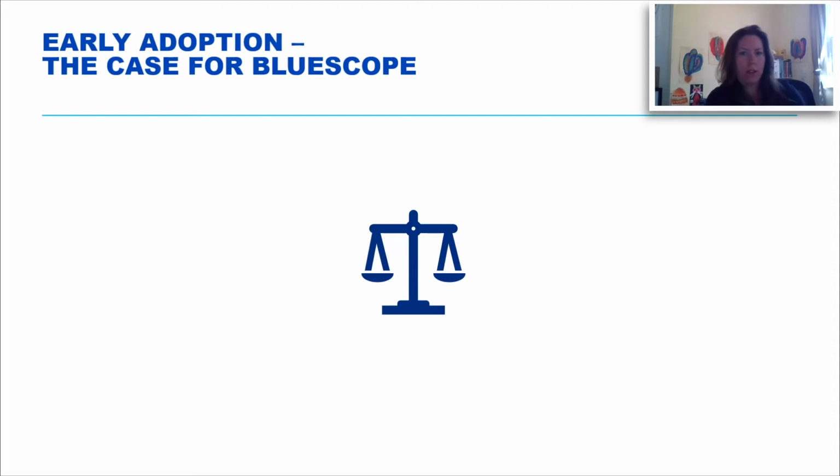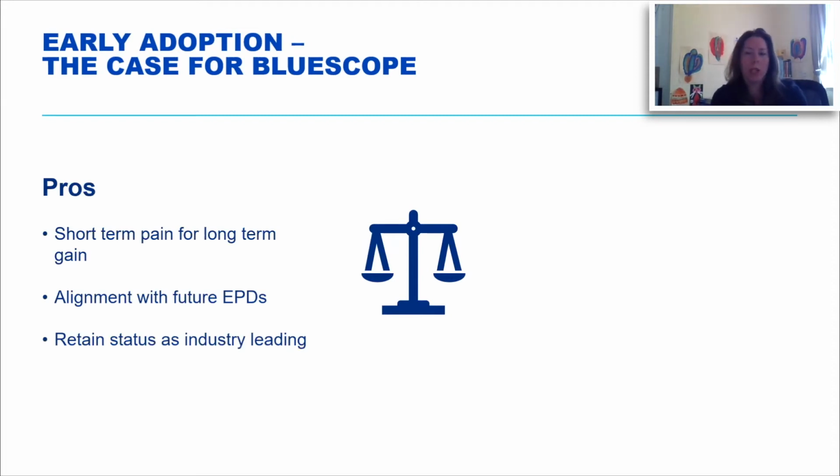Essentially, on the pros side, we knew we were going to have to do it at some point anyway. So it was a matter of, do we do it now or do we wait another 5 years? And in order to make that decision, we were thinking about, well, what about future EPDs?